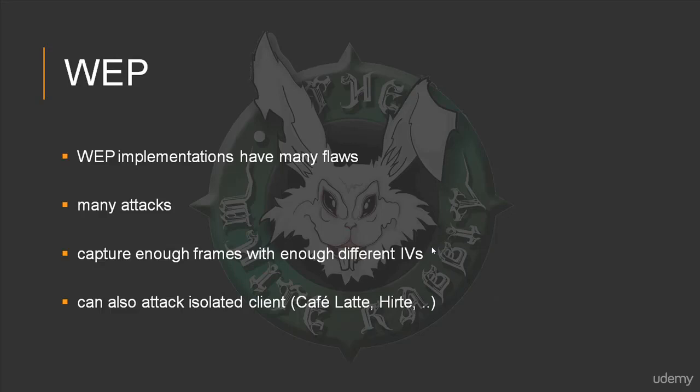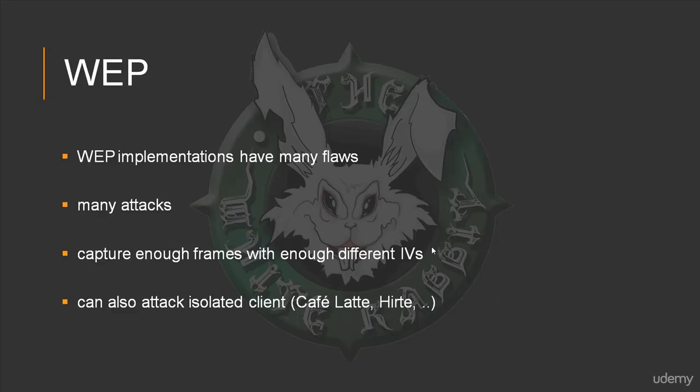However, besides the inherent weaknesses in WEP, the implementations of WEP added additional flaws. So for example, the IV is not always changing in some implementations, so that instead of having a 64-bit key, you might end up effectively having a 40-bit key, that kind of thing.